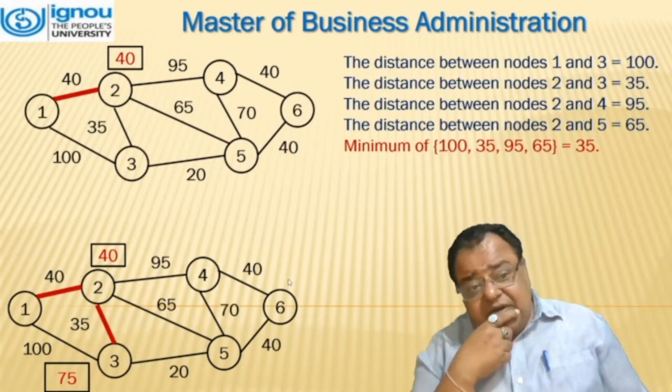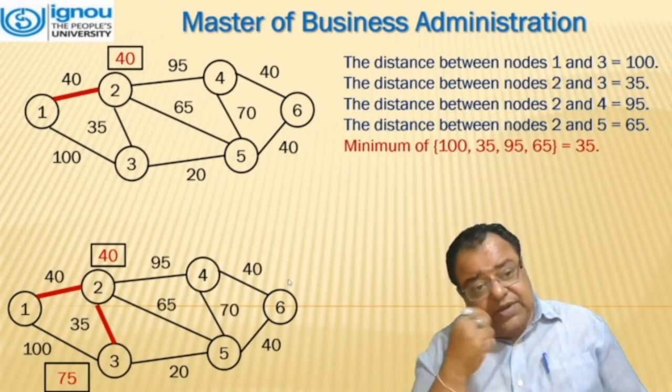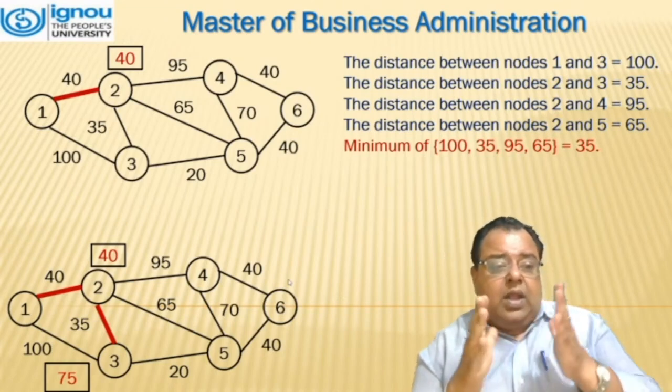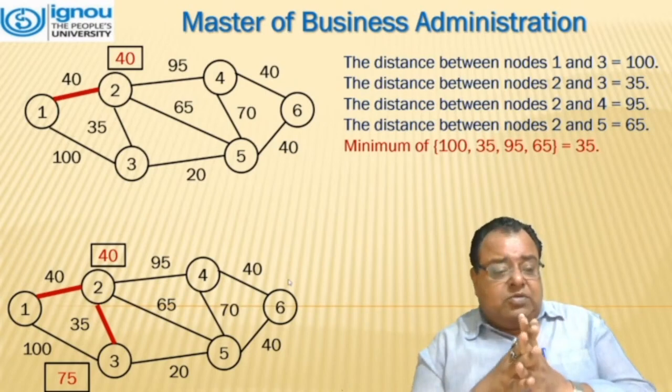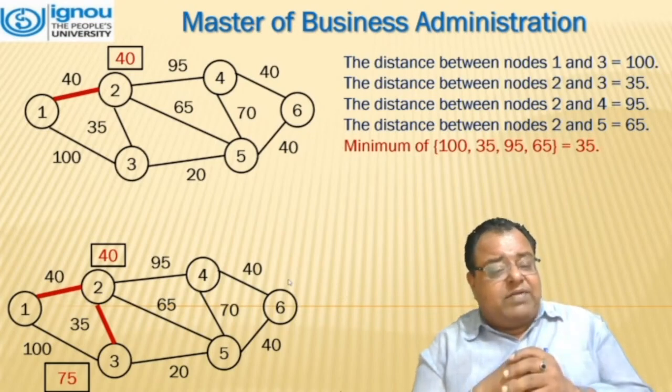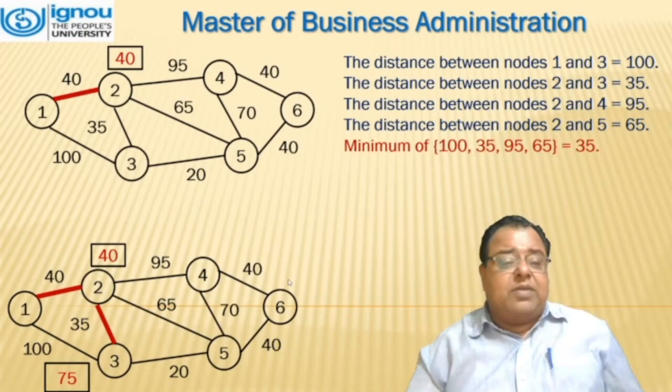And from 1 to 3 it is 100. The minimum one is 2 to 3. That means we will mark 2 to 3. Now, how much distance have we traveled? We have traveled 40 plus 35. That is why it is marked 75 over there, at the bottom.